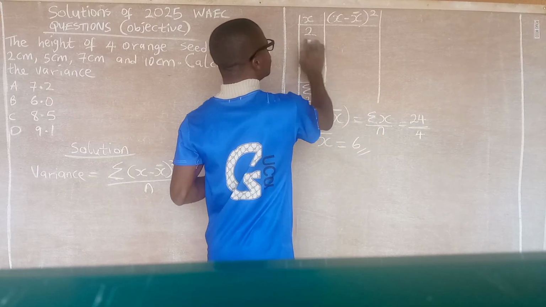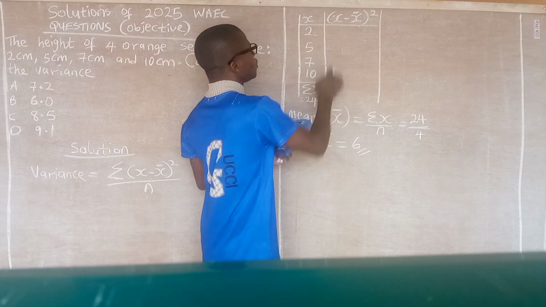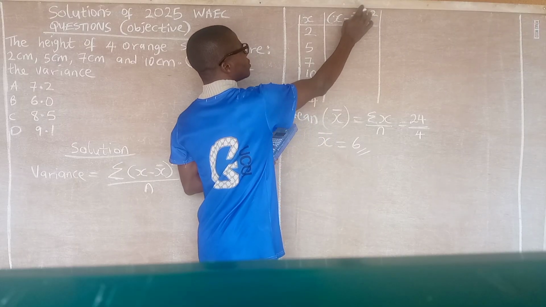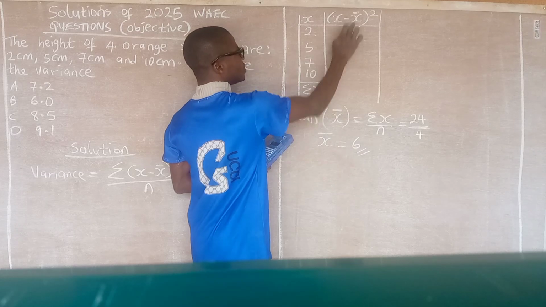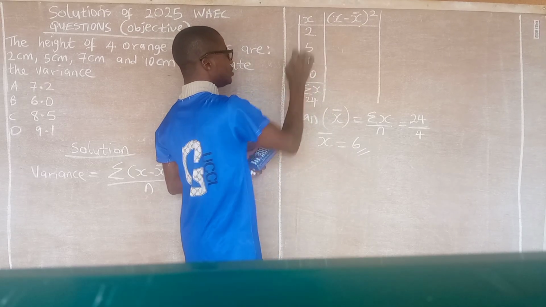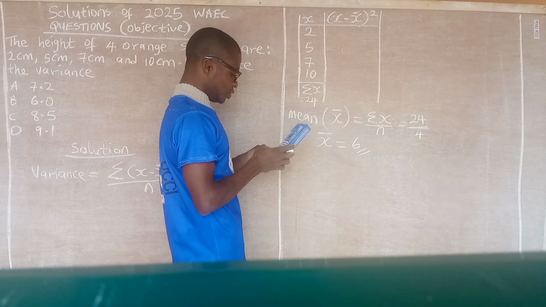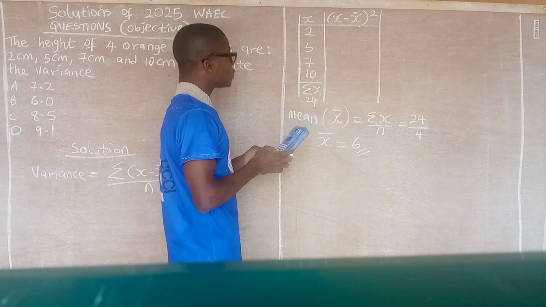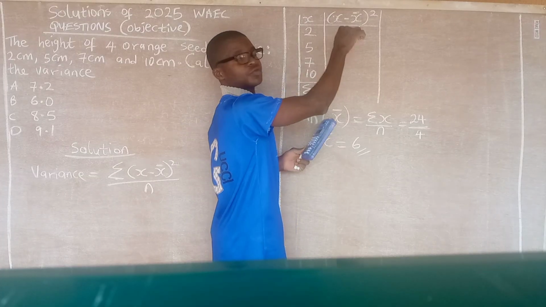So for 2, the value of x is 2. So x minus x bar squared is 2 minus 6 squared. So for this 2, the value of x minus x bar squared is 2 minus 6, which is minus 4.